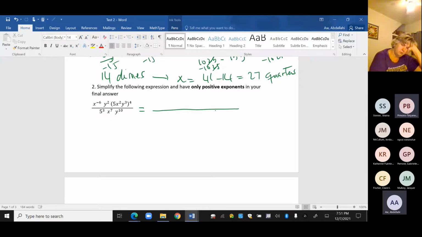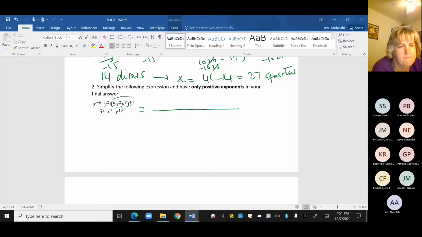Just to be organized, let me take care first of this stuff right here. The order you take care of the stuff is not mandatory, but I like to be organized, so I'm going to take care of the parentheses first.